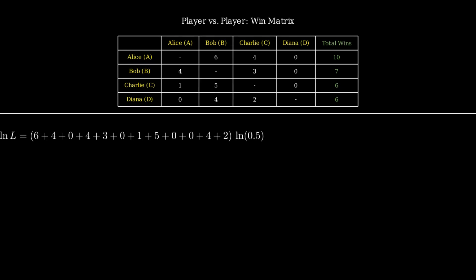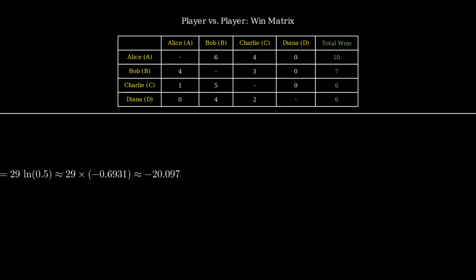We have 29 ln of 0.5, which is roughly negative 20.097, a lot nicer number to work with for statistical analysis. So now this poses the question: how do we figure out each player's strength given our data? How do we start working backwards?